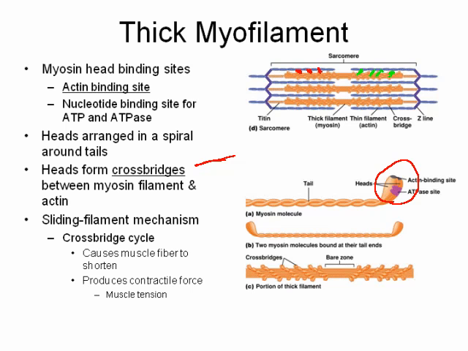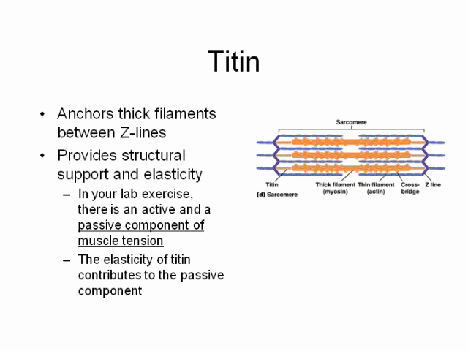These are what we refer to as cross bridges because they bridge the space across the area between the thick and thin filaments. And we're going to refer to the binding of these heads to the actin as the sliding filament mechanism, or a cross bridge cycle, which is going to cause the muscle to shorten. We'll be talking about that more in a few slides.